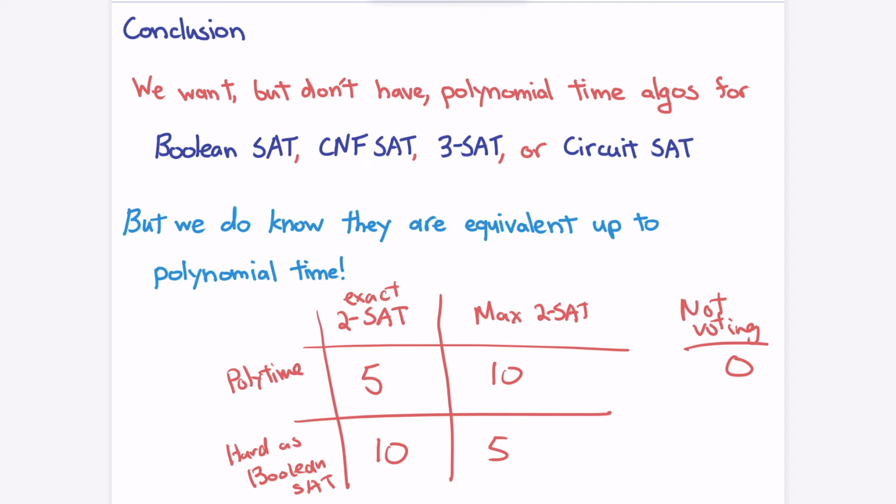How does that make sense, though? If you had an algorithm for Max 2SAT, can you use that to solve exact 2SAT? I have a 2SAT formula, and I want to know if I can satisfy it perfectly.